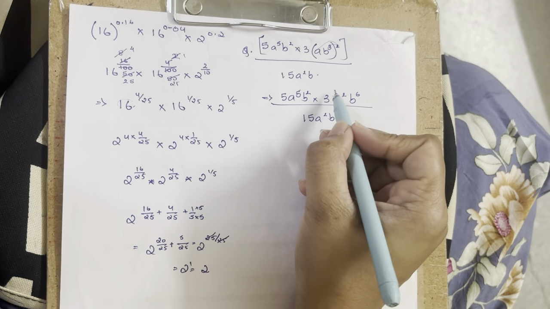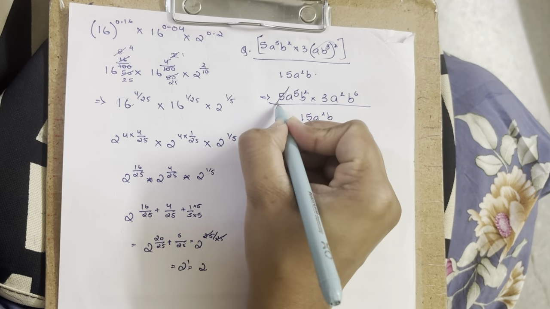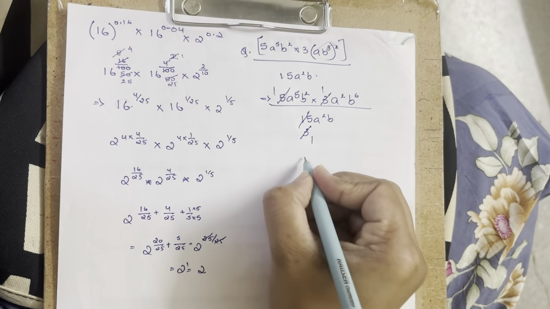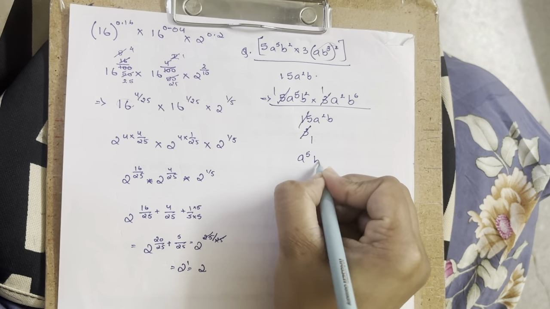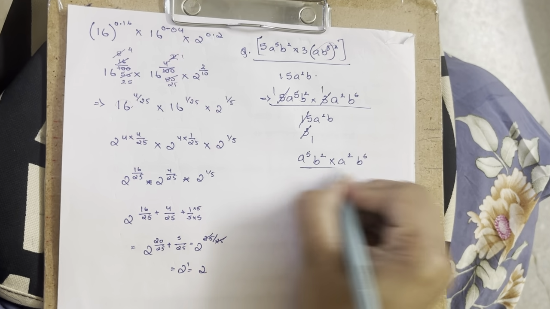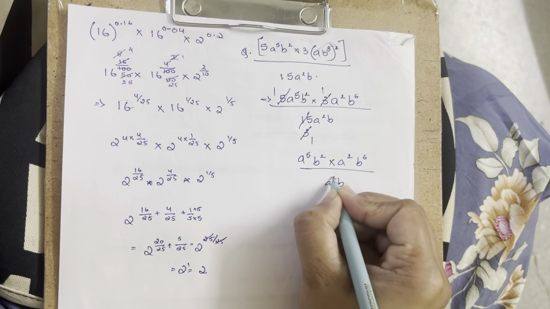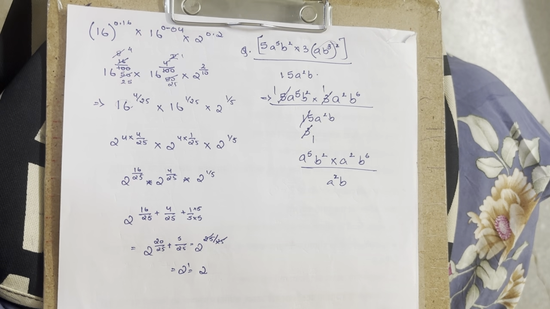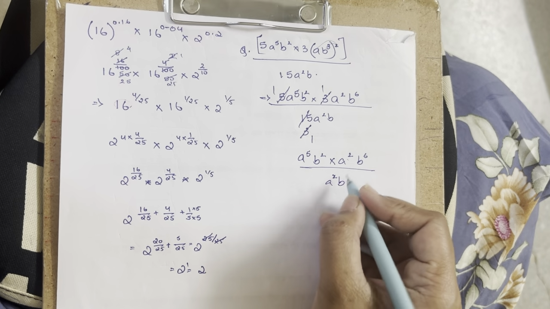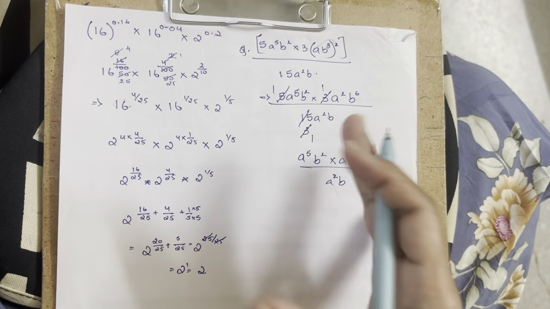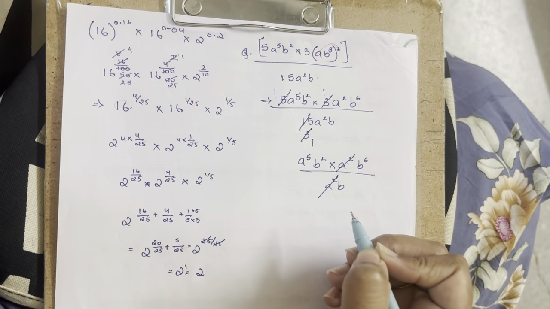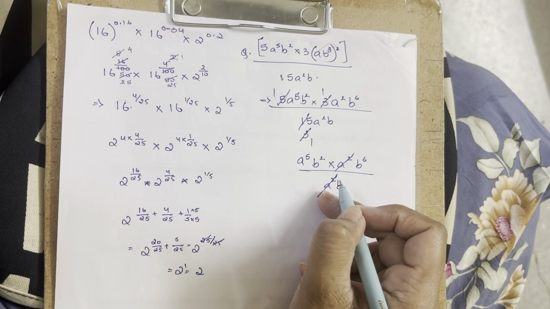Now since the numerators are in multiplication, 5 ones are 5, 3 threes are 3, and so on. So what are we left with? I'm left with a to the power 5 b square into a square b to the power 6 by a square b in the denominator. Now when I need to simplify it, the powers are going to add up. This and this will get cancelled also, exactly the same things up and down.